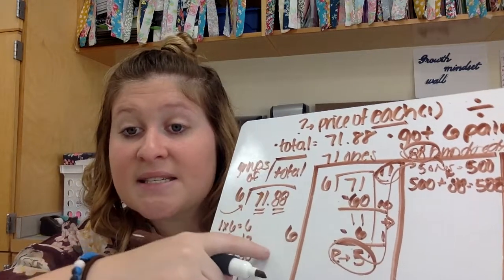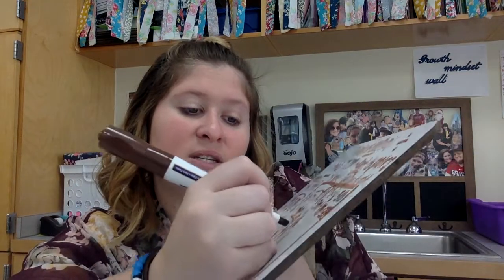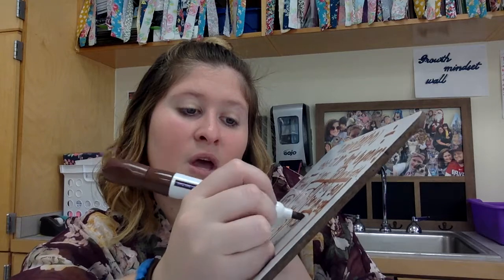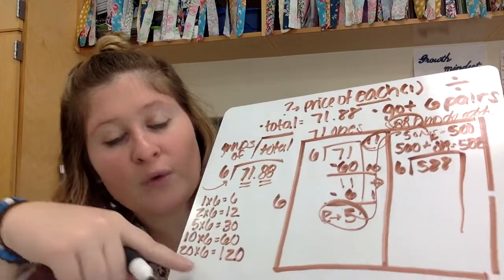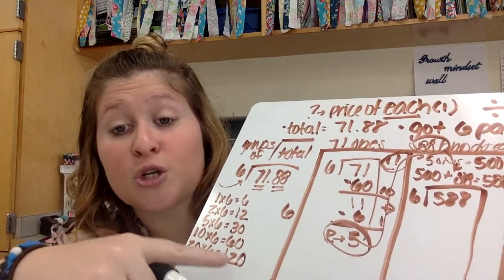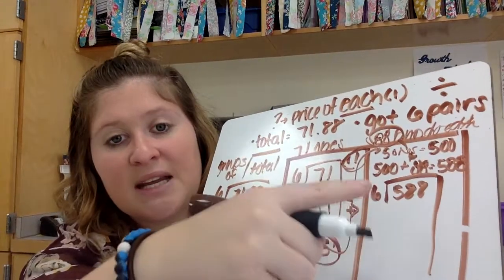Still dividing by this 6 off to the side. So this turns into 6. We're dividing it into 588. Okay. If I look at my easy facts, they only go to 120. I need 588, so that's not enough. So I'm going to continue my easy facts. We did 1, 2, 5, 10, 20. So I'm going to pick up with 50. 50 times 6 is 300.